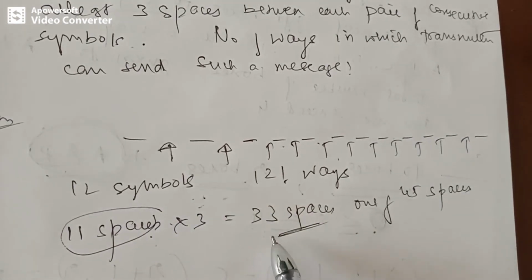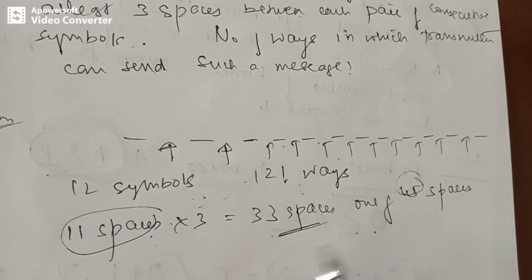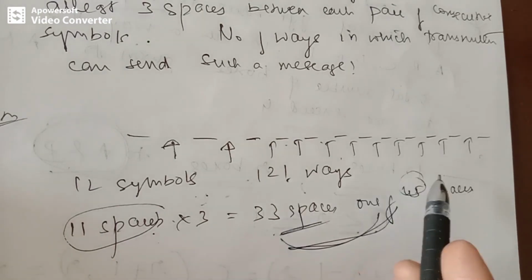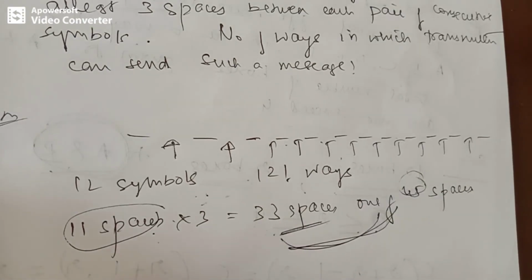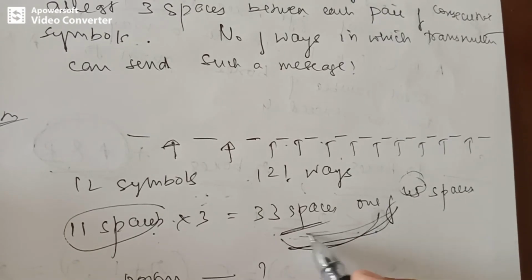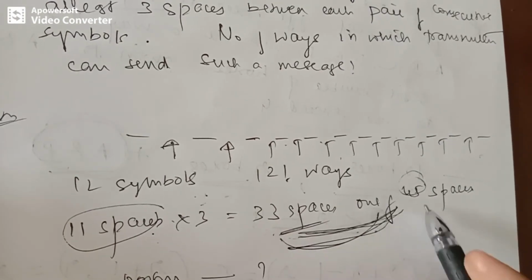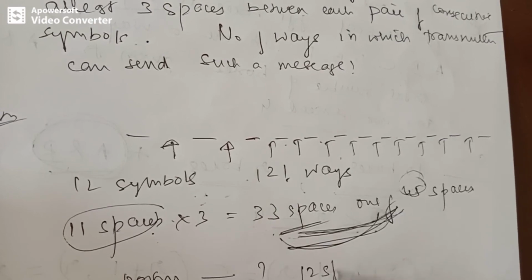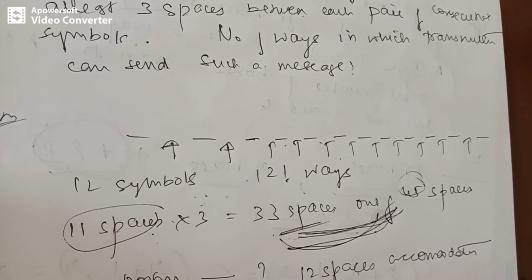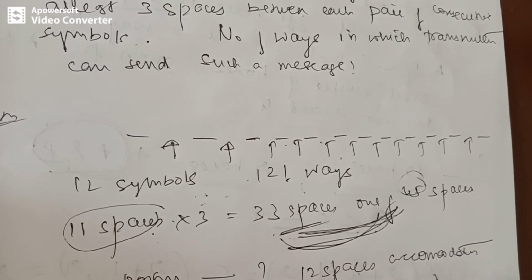So how many spaces remain? You know that there are 12 symbols and 11 positions, and in these 11 positions, how many spaces can be used up? It is 45 minus 33, that is 12 spaces, which can only be accommodated.